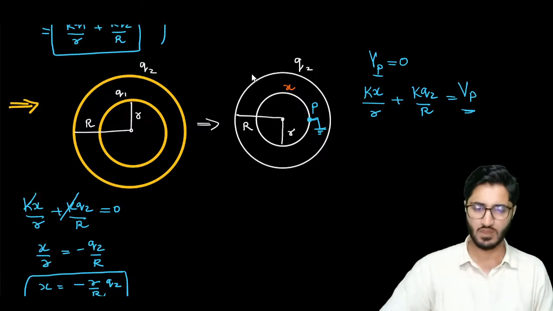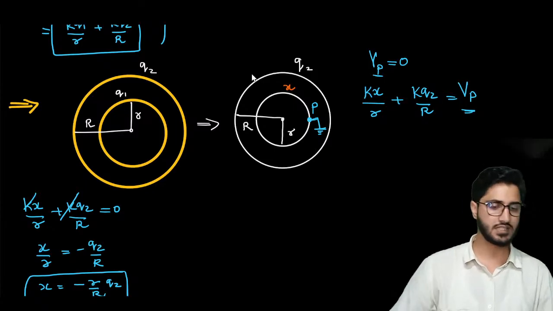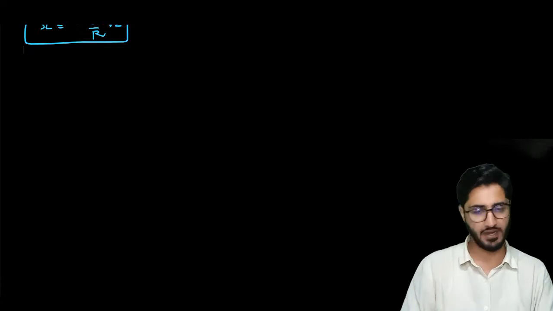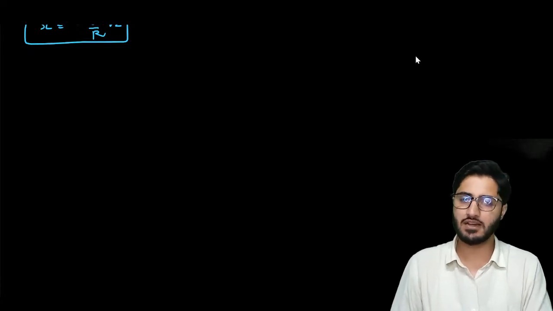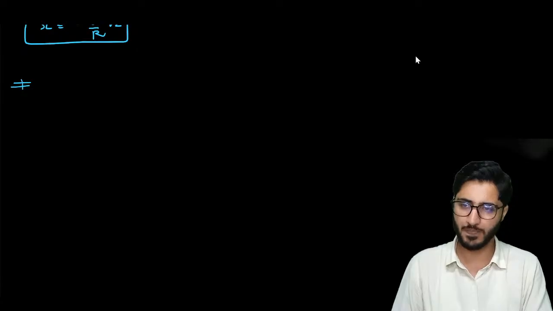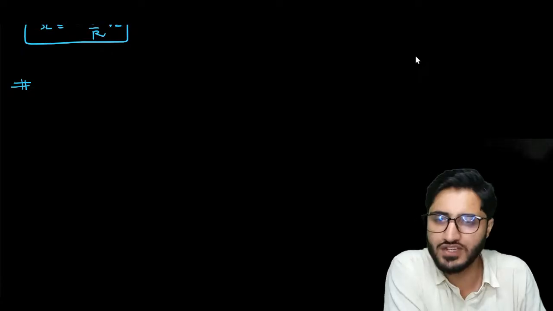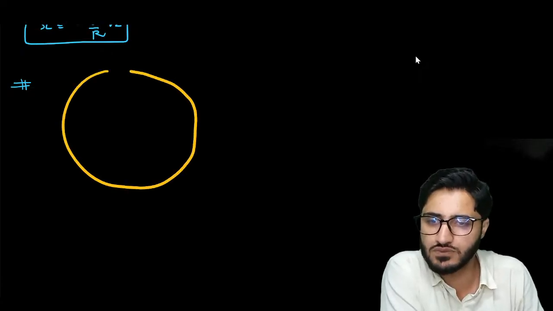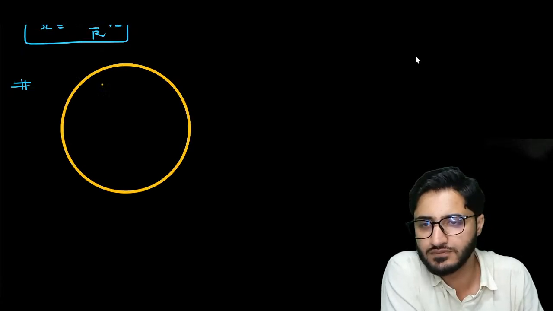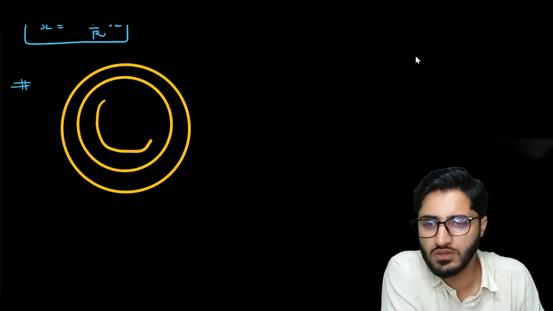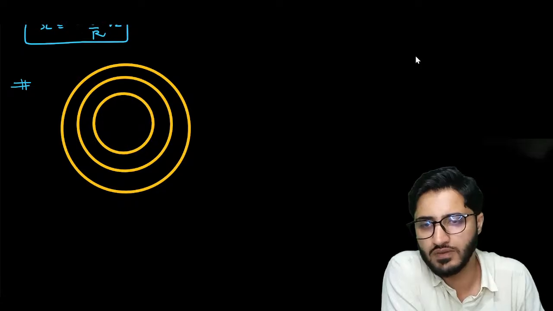Okay. Look now. Let's discuss one numerical from AIPMT and IIT. One good numerical. We have three concentric spheres, 1, 2, 3.